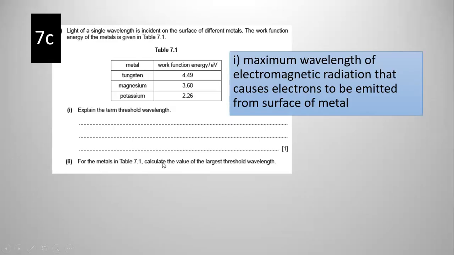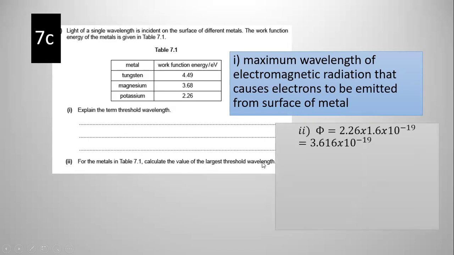From table 7.1, calculate the value of the largest threshold wavelength. Right? Work function. We use this one. Change it to joule, 1.6 times 10 to the power minus 19. Remember, you want the largest wavelength, so the lowest work function.